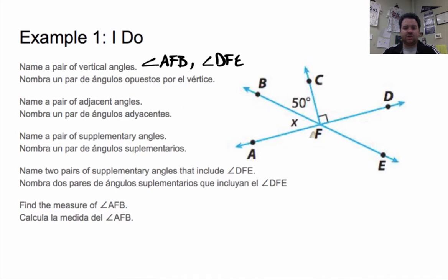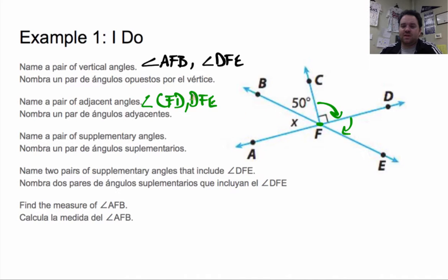So now I need to show a pair of adjacent angles. Adjacent angles, remember, are next to each other. So I'm going to go with adjacent angles. They need to share a vertex, which we're going to share F in the middle here, and they need to share a line. So I'm going to go from C to D and from D to E. So my adjacent angles, the first one is CFD, and the one that goes with it that's adjacent to it is DFE.